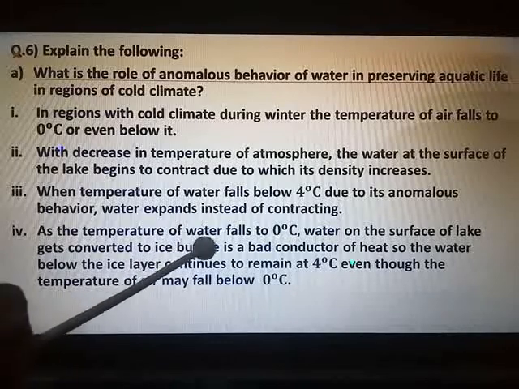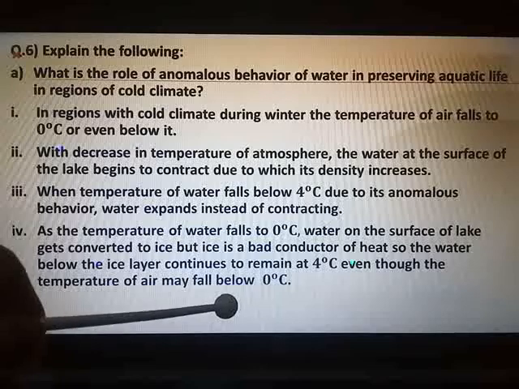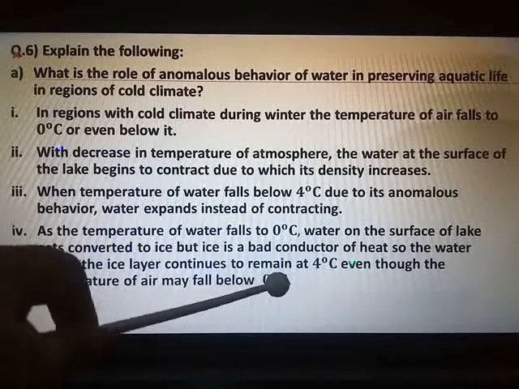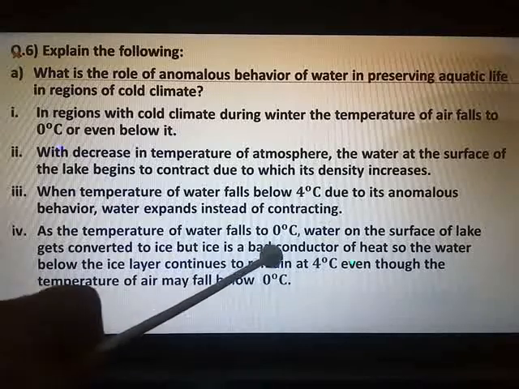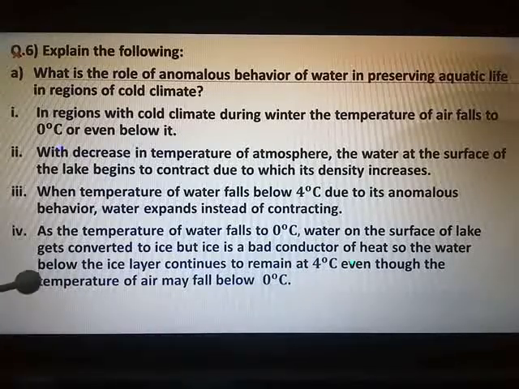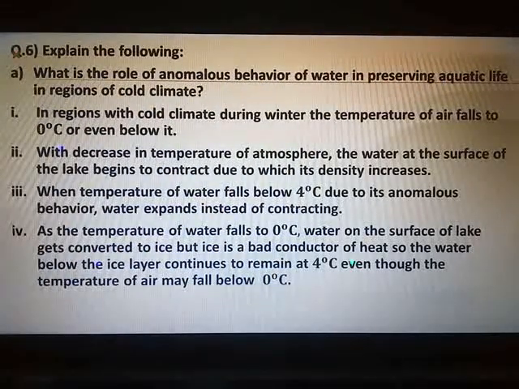But as all of you know that ice is a bad conductor of heat, it does not allow the heat to pass through it. So the water below the ice layer continues to remain at 4 degrees Celsius, even though the temperature of air may fall below 0 degree. And at this temperature of 4 degrees Celsius, the aquatic life can easily reside.